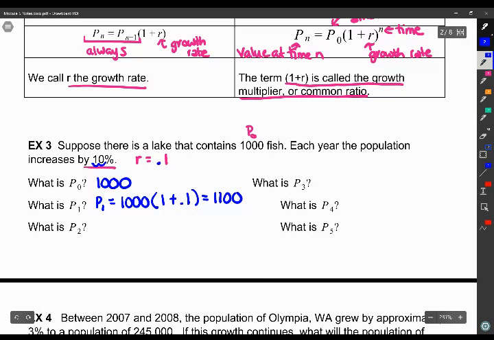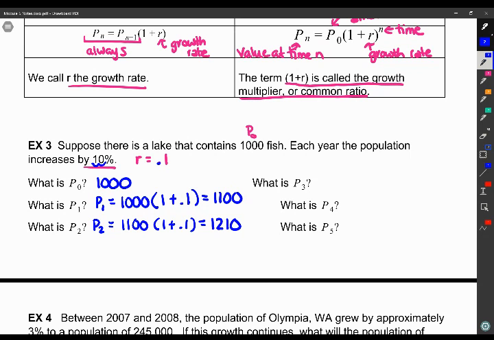And if I'm finding P sub 2, then I have to take the P sub 1 value. That's what goes in this spot, which is going to be 1,100. Again, I multiply it by 1 plus 0.1 or just 1.1. It's up to you how you choose to do that. So this is 1210. If I'm finding P sub 3, the same idea.